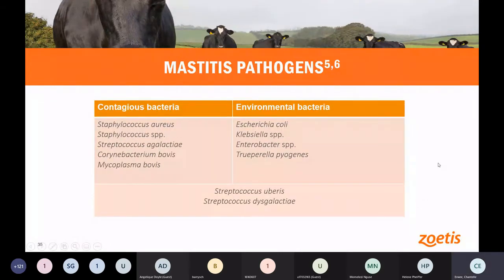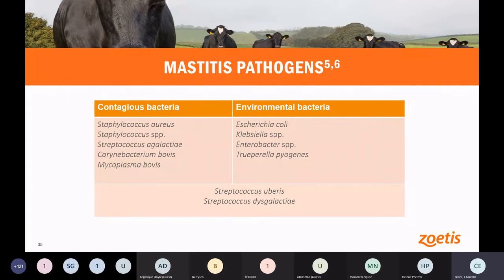All right, so then when we classify them as contagious versus environmental, your Staph aureus is contagious. Your CNS, there is some debate. Some people say that some of them have also been found in the environment.